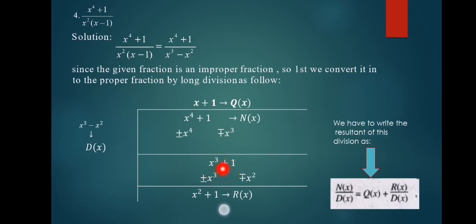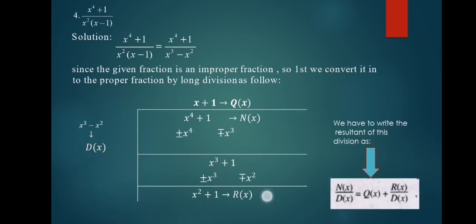Now we have x^3 inside and x^3 outside, still it is divisible, so x^3 should be multiplied by plus 1 to get x^3. So we write plus 1 in the quotient along with this x, and multiply this plus 1 to the terms of the divisor. It will be 1 into x^3 as x^3 and 1 into x^2.